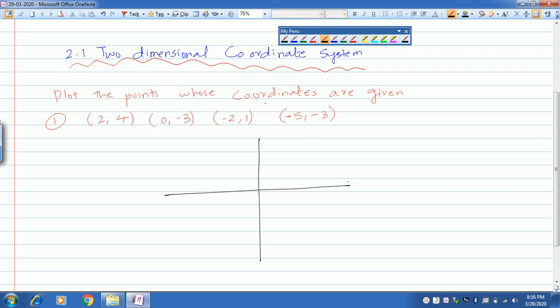Now this is x-axis, this is y-axis. Now we have the points. This is 0, this is the positive side of the x-axis. Here the negative part, minus 1.